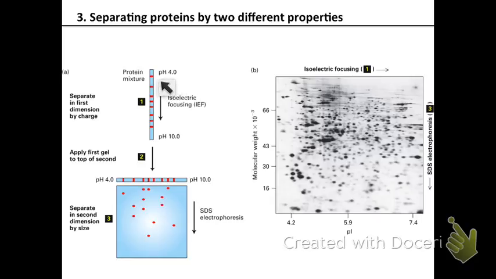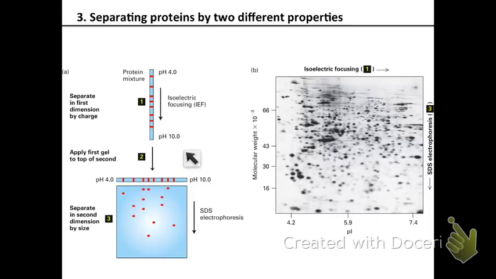So what you do is you then take these proteins separated in one dimension and put it sideways and separate these proteins on a second dimension. What that means is, let's imagine this red band here is a mixture of a few proteins that have the same charge, right?